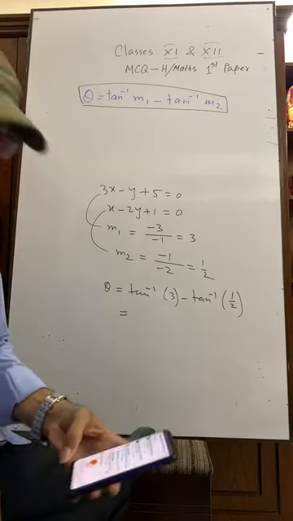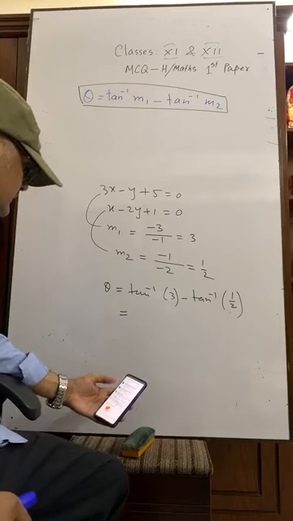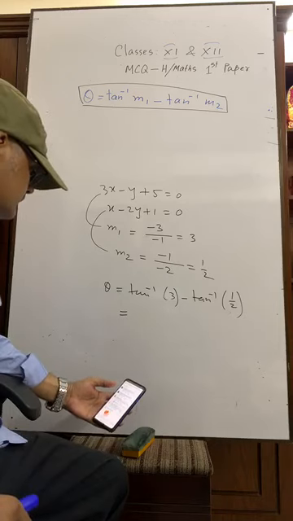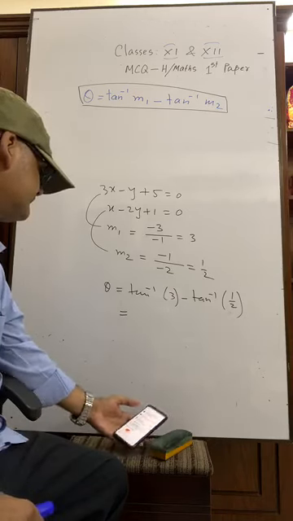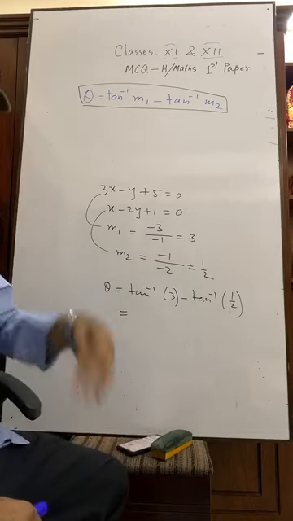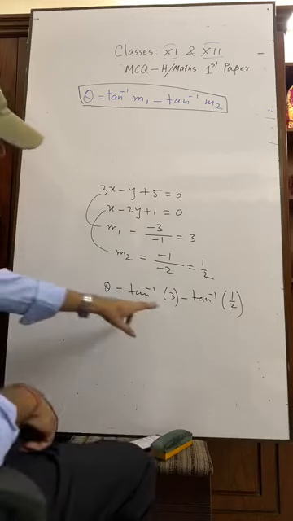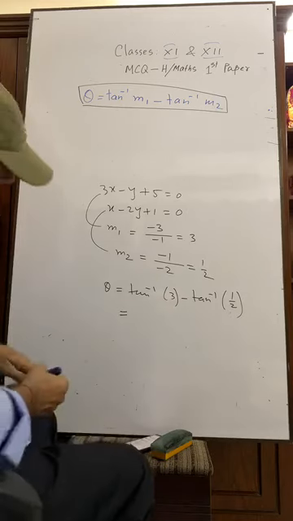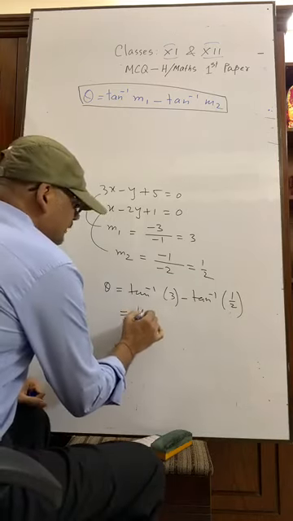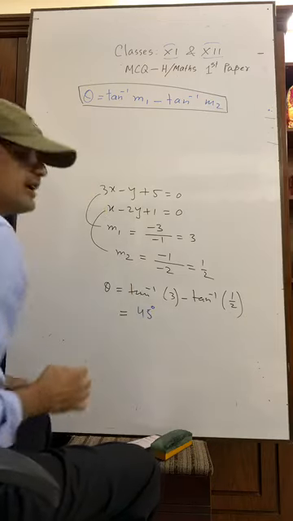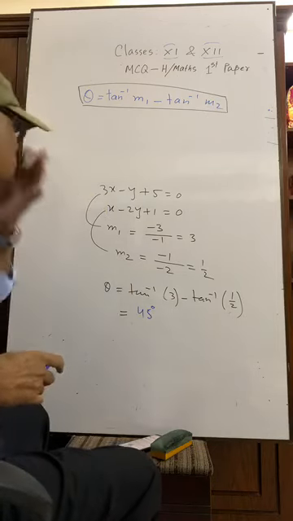That's really very, very bad. None of you. Anyway, you have to use the calculator here to get the answer. If you use the calculator, you will get the answer 45 degree. Okay?